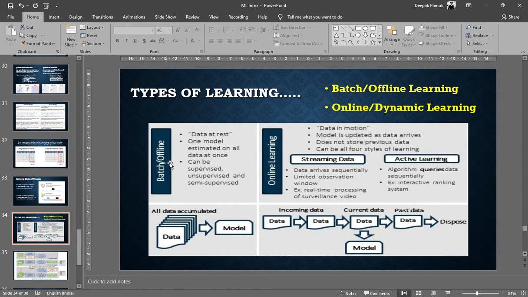So there are two types of learning methods by which a model can learn at the time of real-time deployment. Batch learning or offline learning is the traditional way of machine learning, where you train your model on offline data.